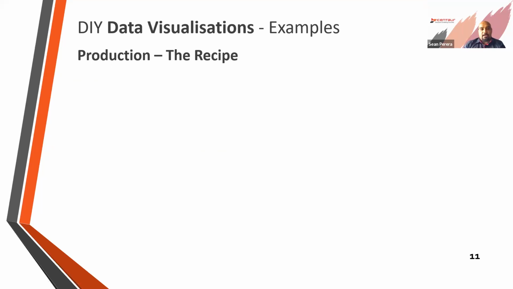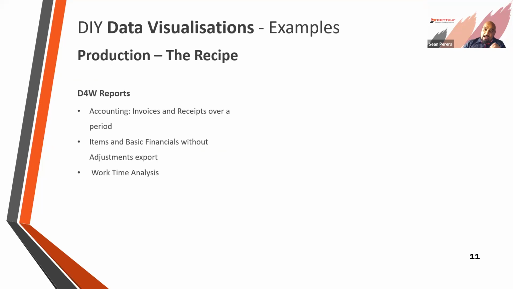So the first cab off the rank. For this, in the cooking theme, I put the word recipe up there. And the first ingredient is D4W reports. So for this, you need your accounting, invoices and receipts over a period, items and basic financials without adjustments export, and work time analysis.